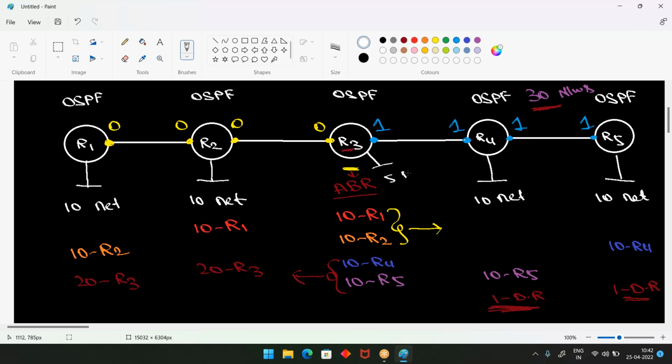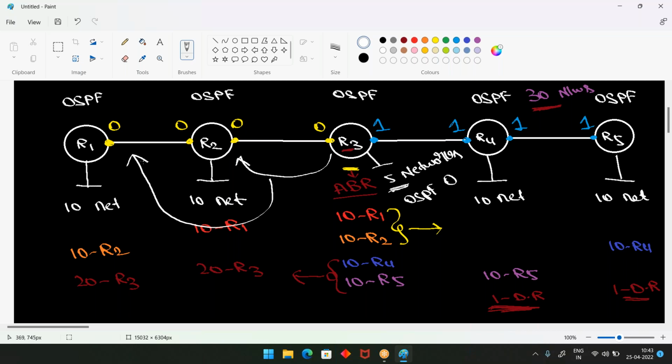If you advertise these 5 networks into the OSPF area 0 zone, then the R3 router will share these 5 networks to the area 0 zone by default.